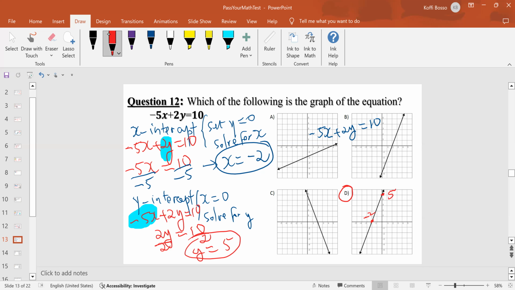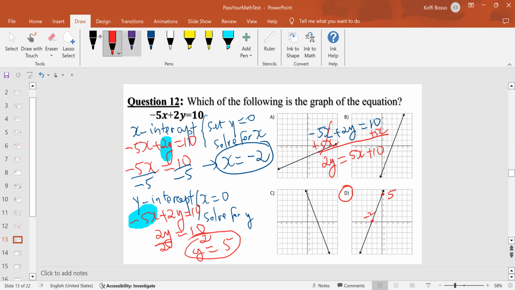Okay, I can add 5x on both sides because I want to solve for y here. I want to isolate y. So we're going to have 2y is equal to, I will write the 5x before the +10.